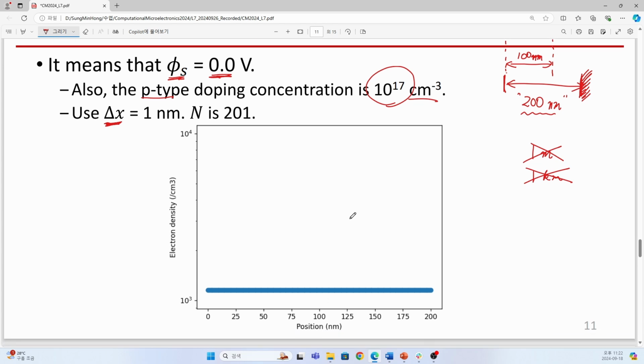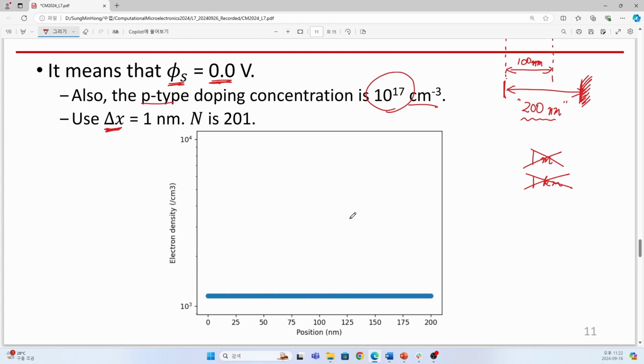Well, anyway, in this flat band condition, as expected, this is the deep substrate, and this is the interface between oxide and silicon. In this case, the band is flat, so the electron density is also flat. But it is not of our interest.